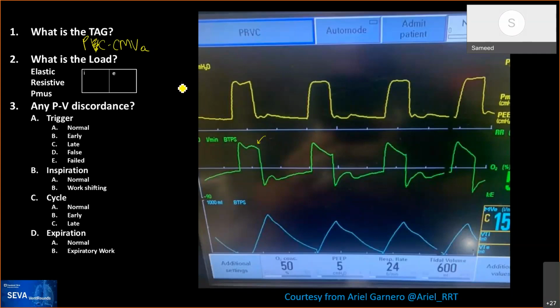In terms of load, it's difficult to say, but I think in inspiration there's some form of elastic load, and it's just the time constant being a little bit shorter, but then it changes from the next breath. So really challenging one, but I would call it either passive breath.